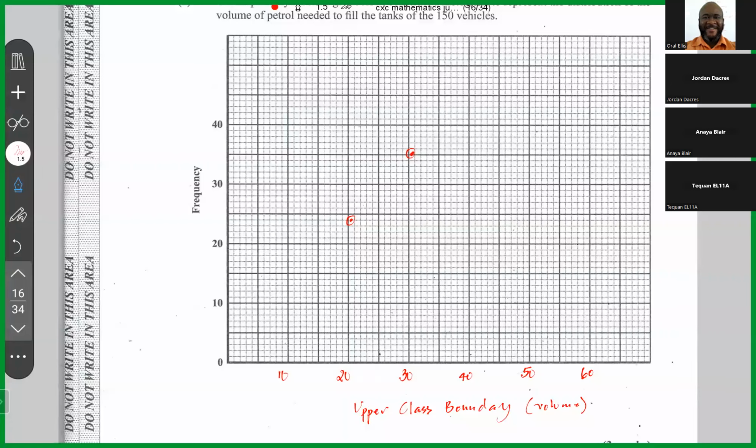The upper class boundary is the x coordinate, the frequency is the y coordinate. Then we have 40.5, which corresponds to 42. That will put me here. 50.5 corresponds to 28. That would put me here.